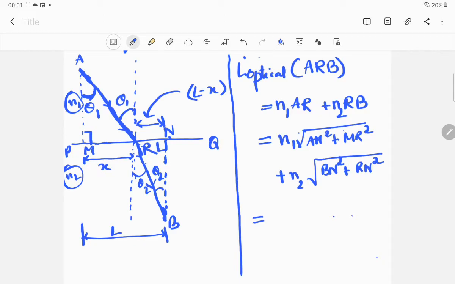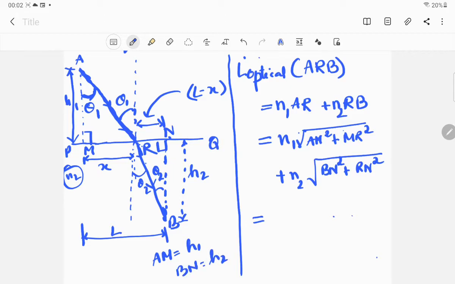In the diagram that I have provided, this distance is named H2, and this distance is named H1. So AM is H1 and BN is equal to H2. Again, you know that here MR is equal to X and RN is equal to L minus X.